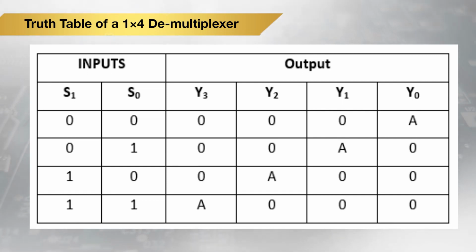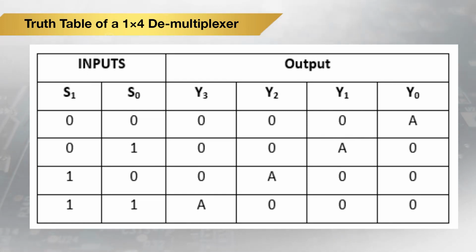If the selection lines have value 1, 0, then Y2 will reflect the input and Y1, Y0 and Y3 will have logic low or 0 at the output.